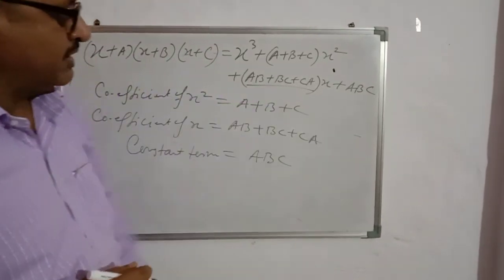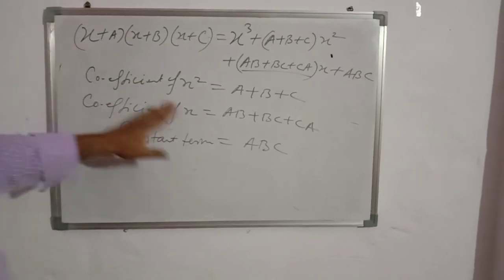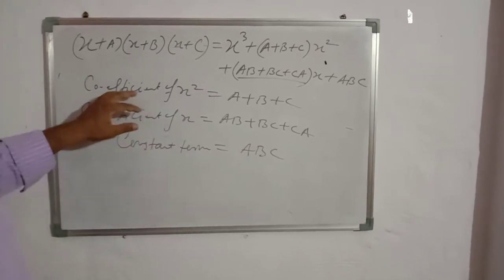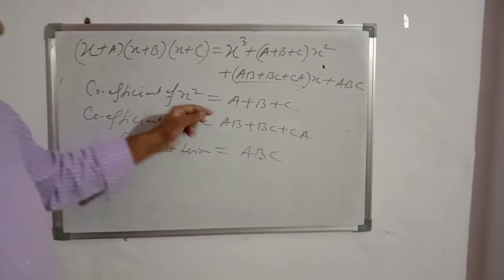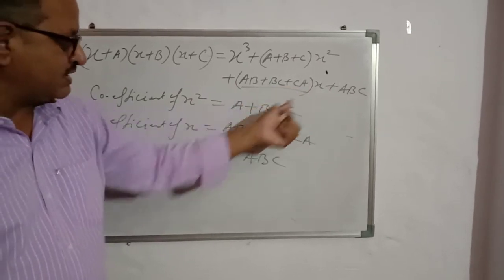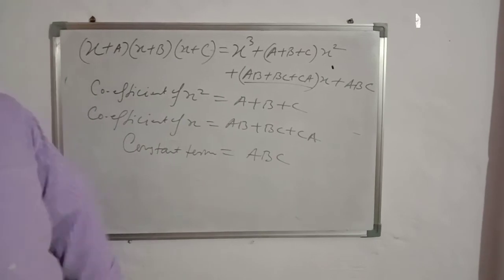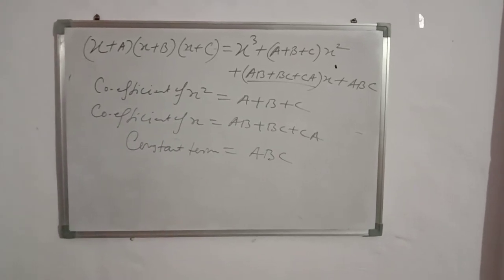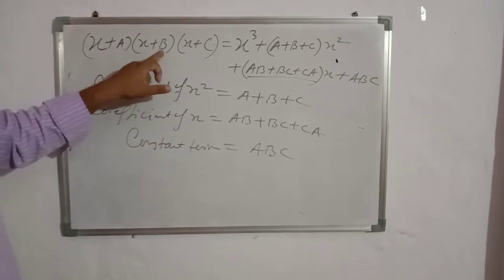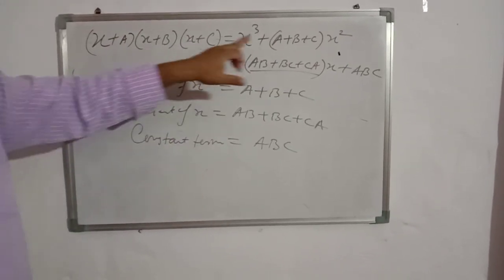If it is asked in the question to find only the constant term, directly we will write a into b into c. If it is asked to find the coefficient of x square, we will use a plus b plus c. If it is asked to find the coefficient of x, we will use ab plus bc plus ca. Here we will take the values of a, b, c with sign. Suppose here minus a is there, we will use minus a here.